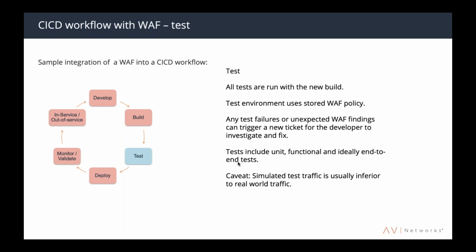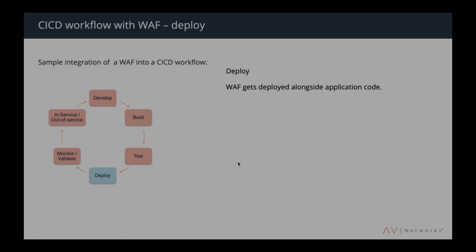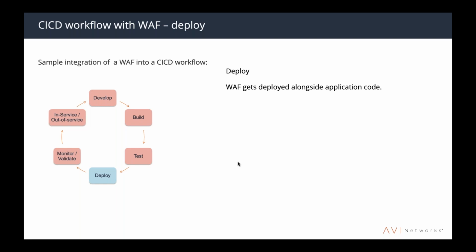A caveat for testing, of course, is that the simulated test traffic is usually inferior to real-world traffic. So you will see much more scans and bad traffic coming from the internet than from your test scripts usually. In the deployment step, the WAF itself gets deployed alongside the application code since it's part of the whole pipeline.